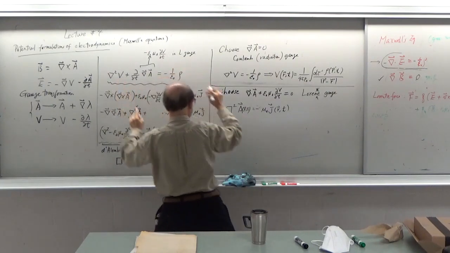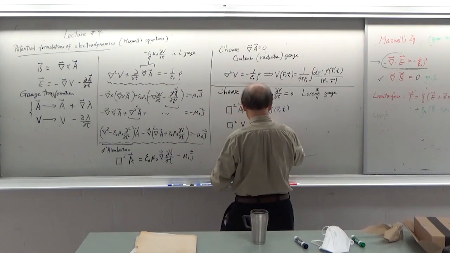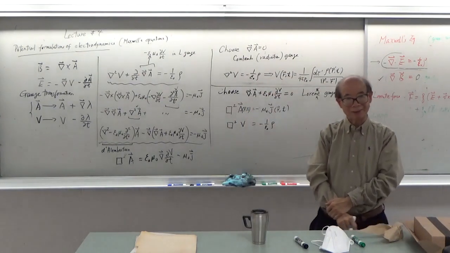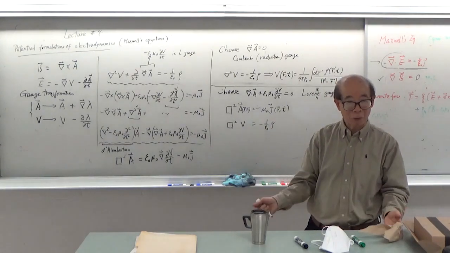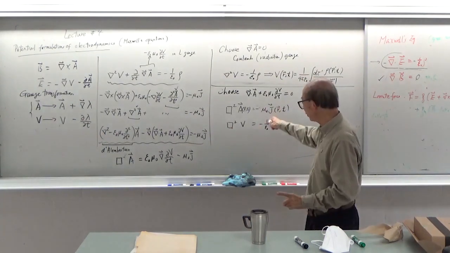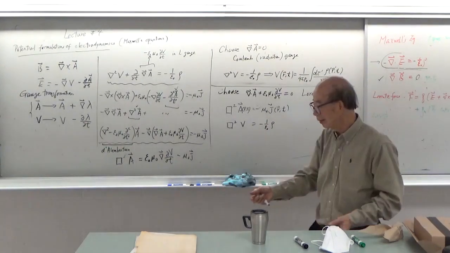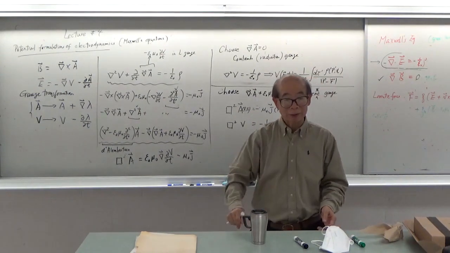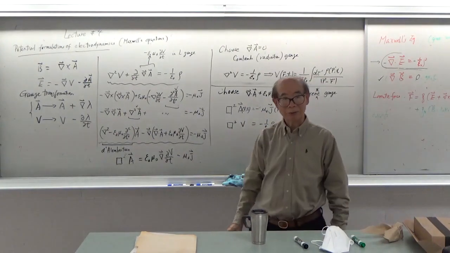Now the equation for V is equal to minus rho over epsilon naught. Notice how similar looking these two equations are. In fact, they are of the same form. So it suffices to solve just one of the two equations, then automatically the other one can be done in the same way. It's the fact that these two equations are so symmetrical that makes this gauge a nice choice to use.